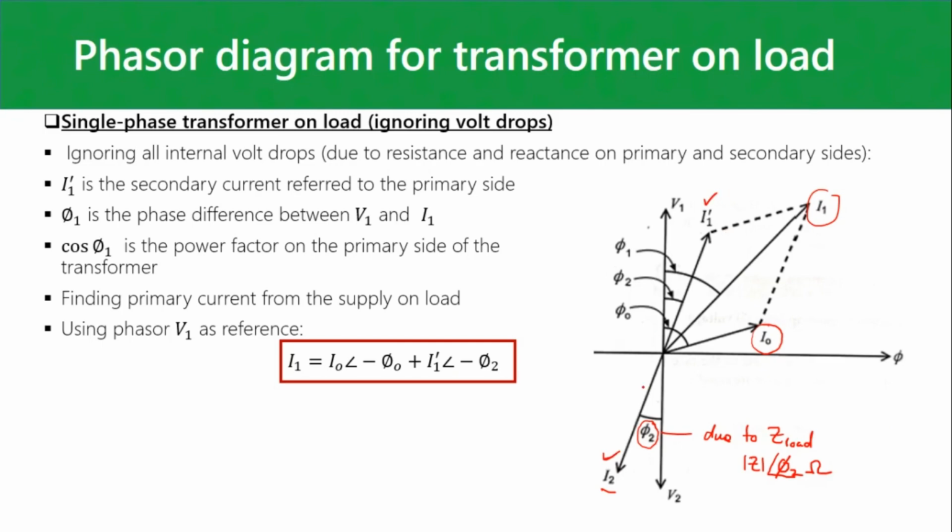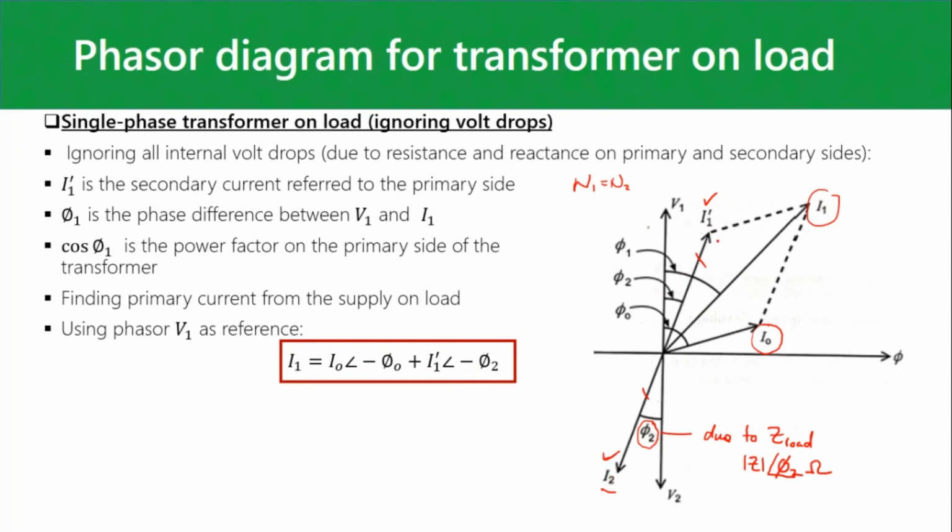It's exactly 180 degrees in opposition to I2, and depending if N1 equals N2, all right, let's say they had equal number of turns, then this one would be the same magnitude. But if there were a different turns ratio, then I1 prime will not be equal to I2.